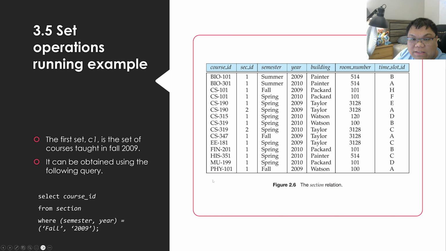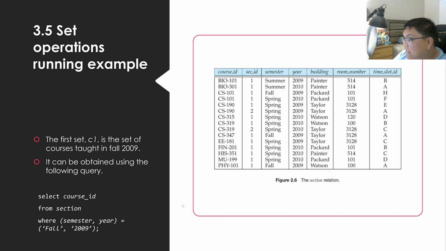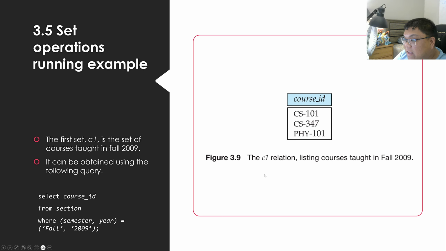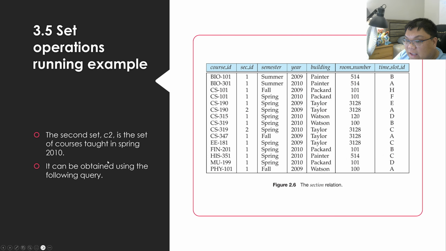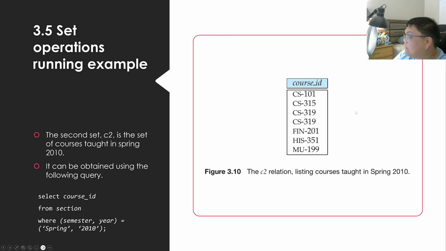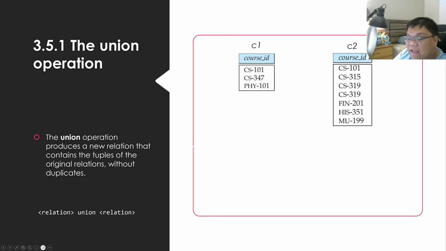Rather, we're gonna use the result of applying this query. So we can just apply this query right here, and now we have the set of all classes taught in fall 2009. The second set, C2, we also get it from this. We also use this table as input, but we apply this query. This is the set of courses taught in spring 2010. There we go. So now we have C1 and C2.